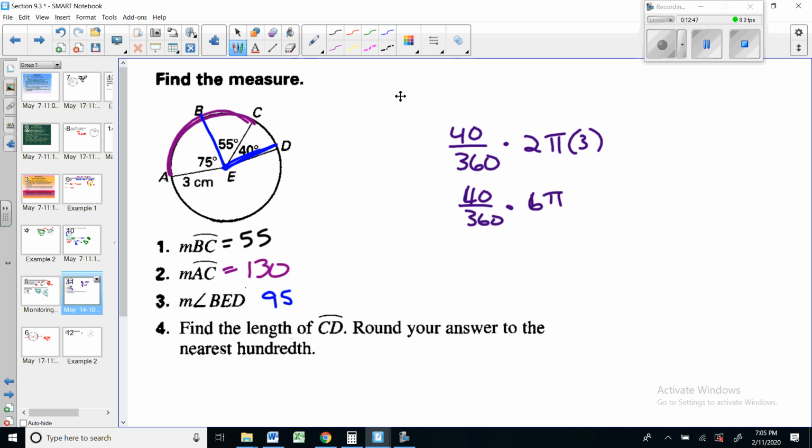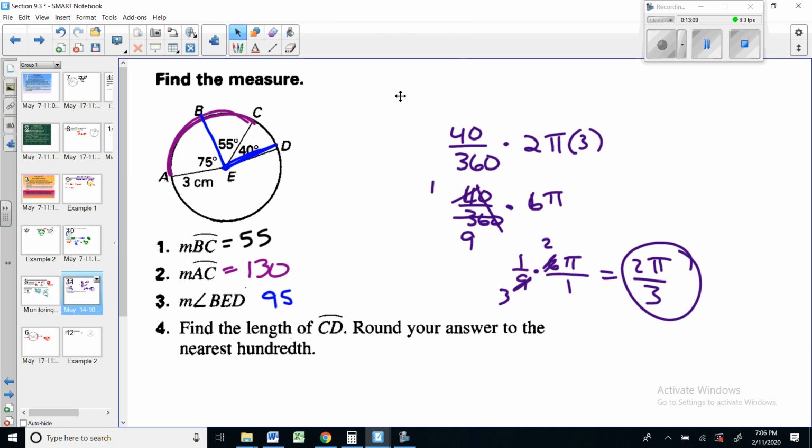Now, 40 over 360 simplifies: 4 cancels down to 1, and 36 cancels down to 9. So I have 1/9 times 6 pi. Remember that 6 pi is over 1. Both of these numbers are divisible by 3, so it becomes 2 pi over 3. We end up with 2 pi over 3 for our arc length.